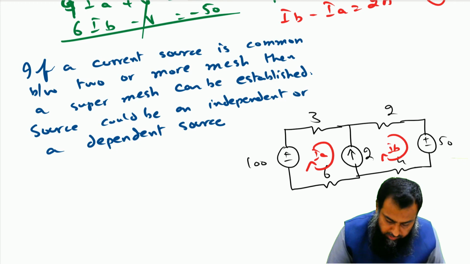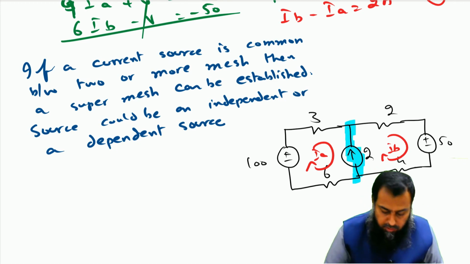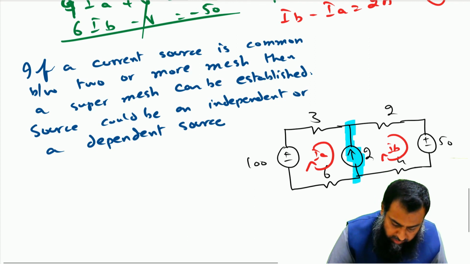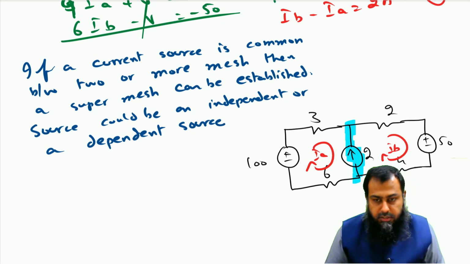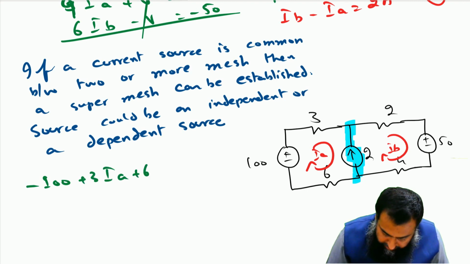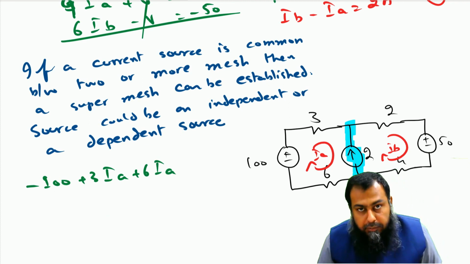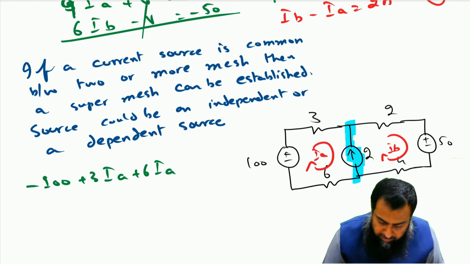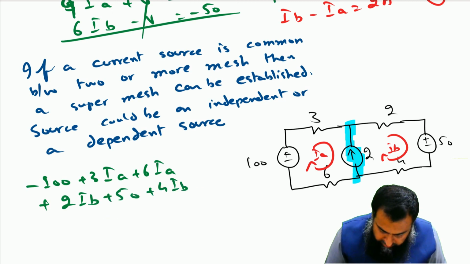I shall create a super mesh by virtue of this current source. In the same fashion as earlier, I will first write down the equation for IA. Starting with IA, we have minus 100 plus 3IA plus 6IA. Skipping this 2 ampere current source, I will move directly to IB, so we have plus 2IB plus 50 plus 4IB, and that is equal to 0.